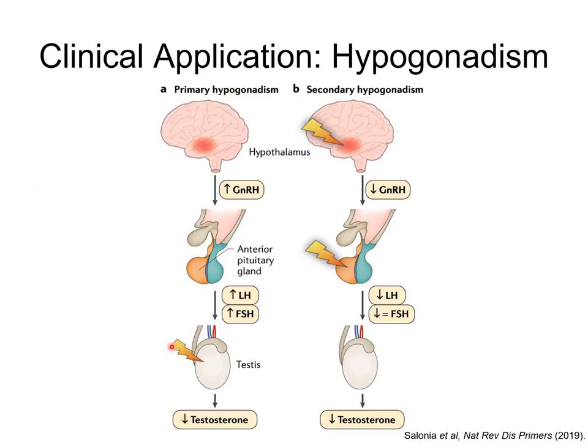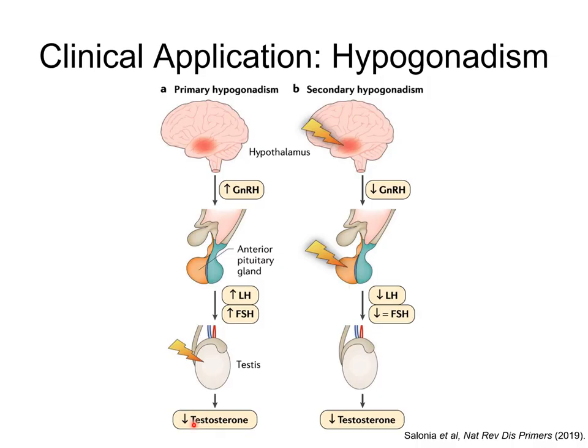And so with this little symbol here, it's showing that some sort of damage has occurred at the testes first. And this damage to the testes is leading to a decrease in testosterone. Now, this can be a number of different things. There can be a number of genetic variations that cause hypogonadism, or it can be injuries, inflammation, certain infections, and so on that can affect the testes.